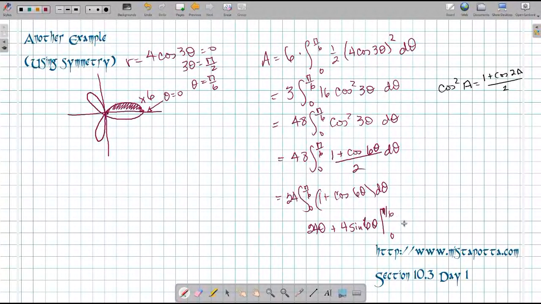Now when I substitute, pi over 6 times 24 gives me 4 pi. But pi over 6 times 6 gives me pi, and sine of pi is 0. And substituting 0 into both of these gives me 0. So my area actually ends up being 4 pi.